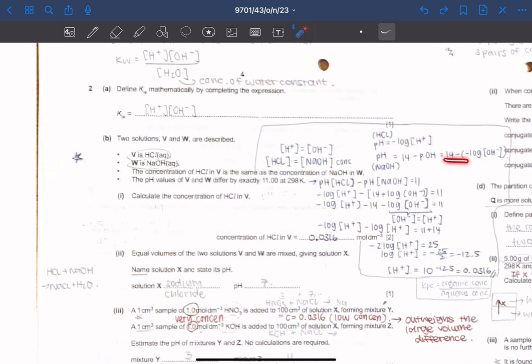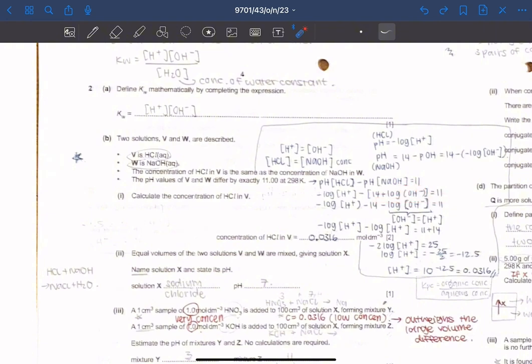So it's 14 minus negative log [OH minus]. And the next clue is the pH values of V and W, or of HCl and NaOH, differ by exactly 11. So when you subtract them, pH of HCl minus pH of NaOH is equal to 11. Then insert the formulas into this. We get negative log [H plus] minus 14 plus, because negative and negative cancels out, 14 plus log [OH minus] concentration is equal to 11.